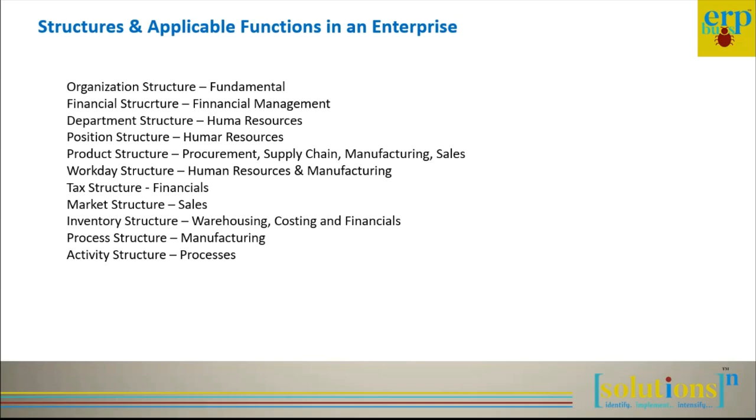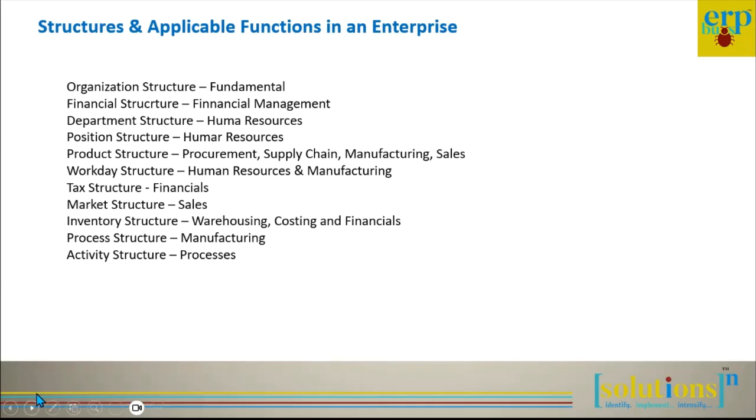Like in ERP, we have different functions and different processes, so these functions will be defined. We will discuss them when we get into the next level of designing the structure.